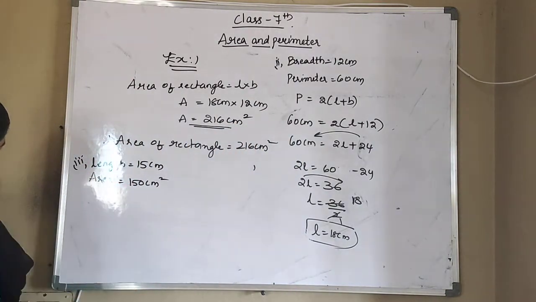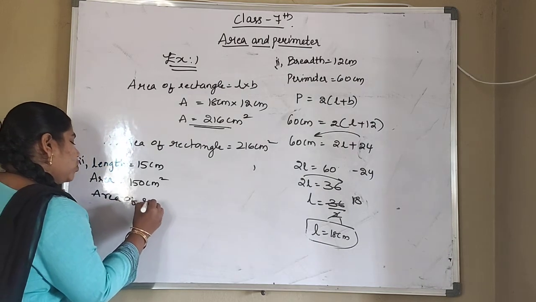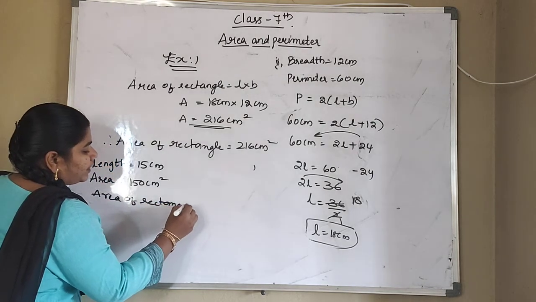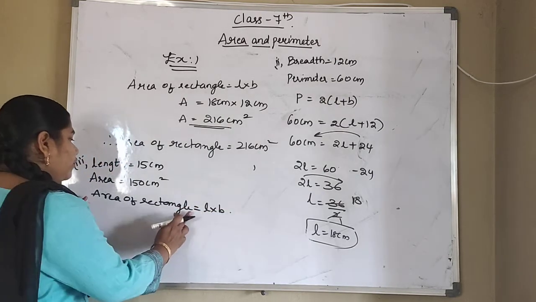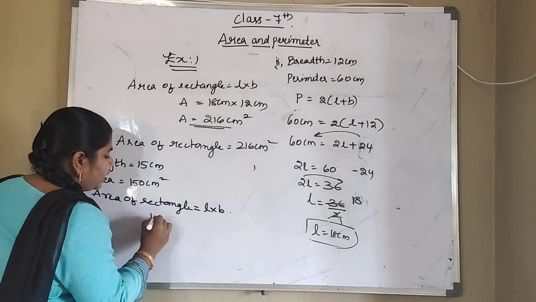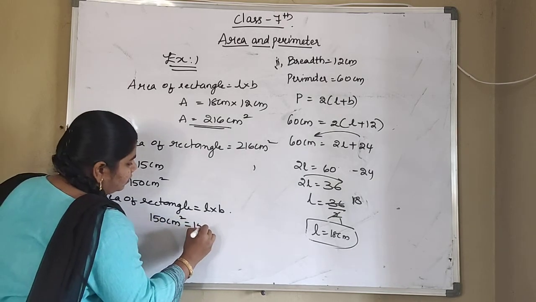So the area they have given, so we will use the area of a rectangle formula. So what is the area of a rectangle formula? Area of rectangle is equal to L into B. Okay, the area of the rectangle they have given as 150. Length value is 15.